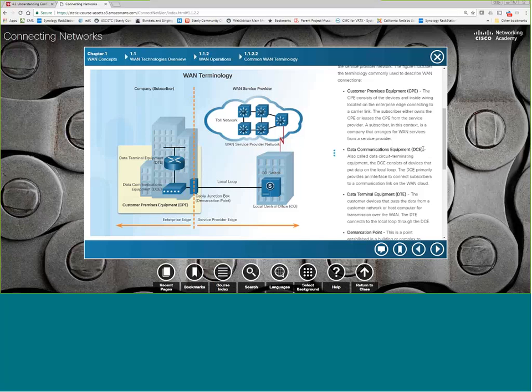So remember, anything that's DCE is data circuit terminating, and means it has clocking. Data terminal equipment is the customer equipment that passes data, connects to the DCE. Typically what we used to have, and in some cases still do have, are CSU DSUs that connect to a router, or a CSU DSU that's inside of a router.